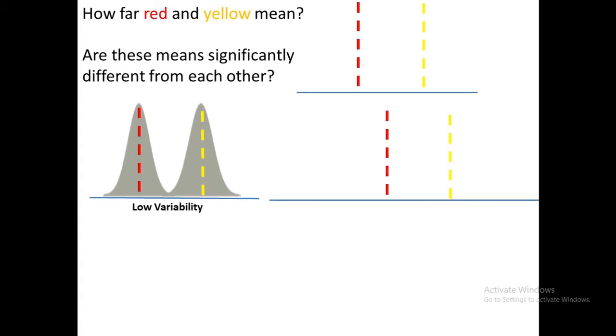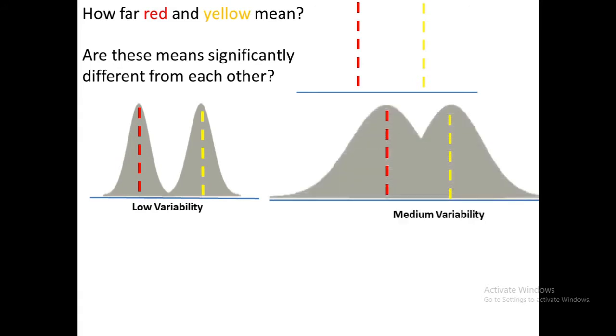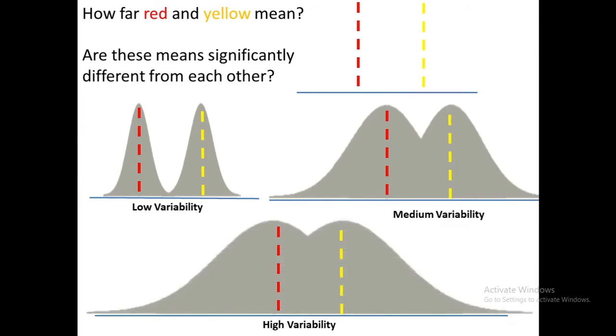On the other hand, in data sets which have moderate or high variability, the difference of means cannot be used to determine whether these samples are from the same population or not. And here the t-test helps us to determine numerically whether these two means are from the same population or from different populations.